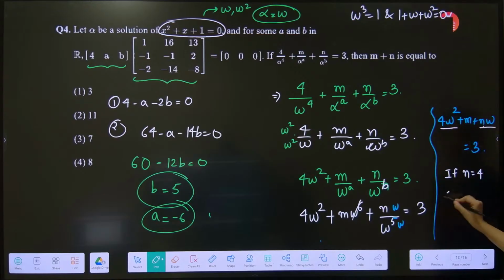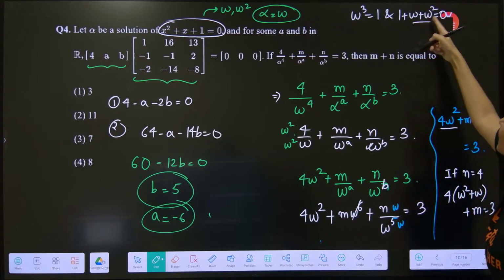Then you take 4 common: omega square plus omega, and plus m is equal to 3. Correct? So this is what? Omega square plus omega is minus 1.